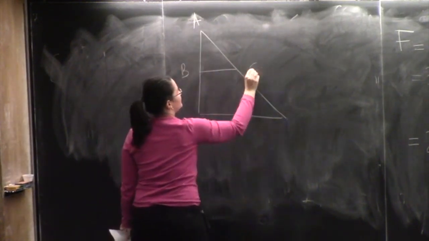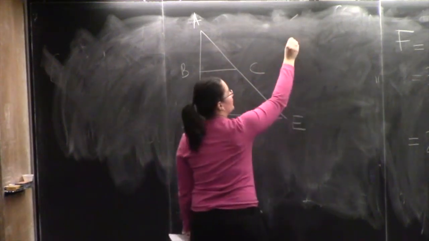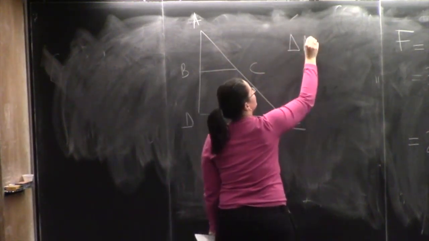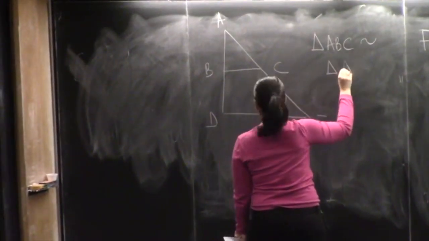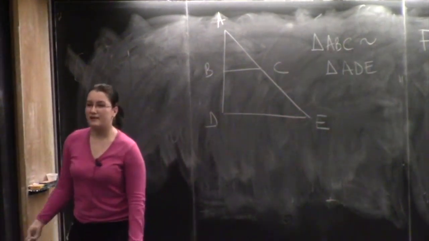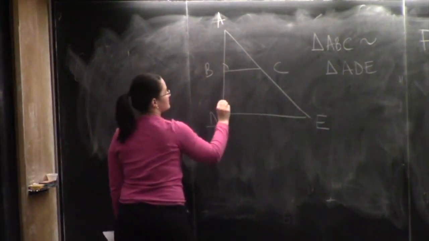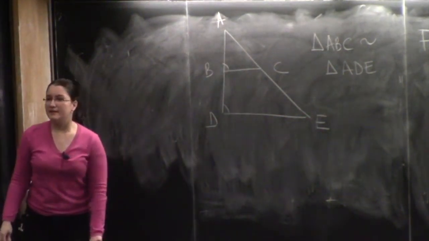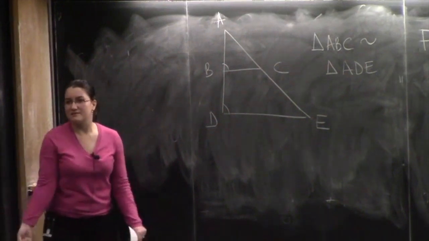Let's label them A, B, C, D, E. Now, if these triangles are similar, in the sense that they have the same angles, so this angle is the same as this angle, then the lengths of the sides which oppose the equal angles are proportional.